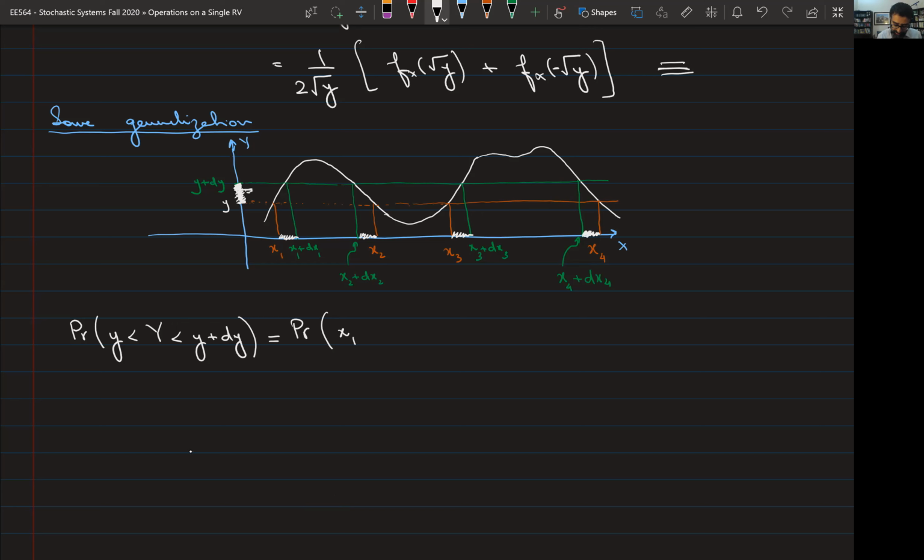x1 is less than capital X is less than x1 plus dx1, right?